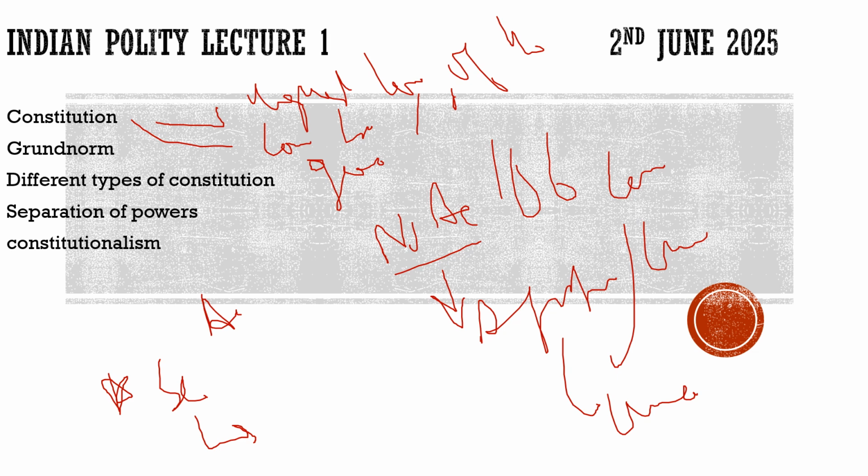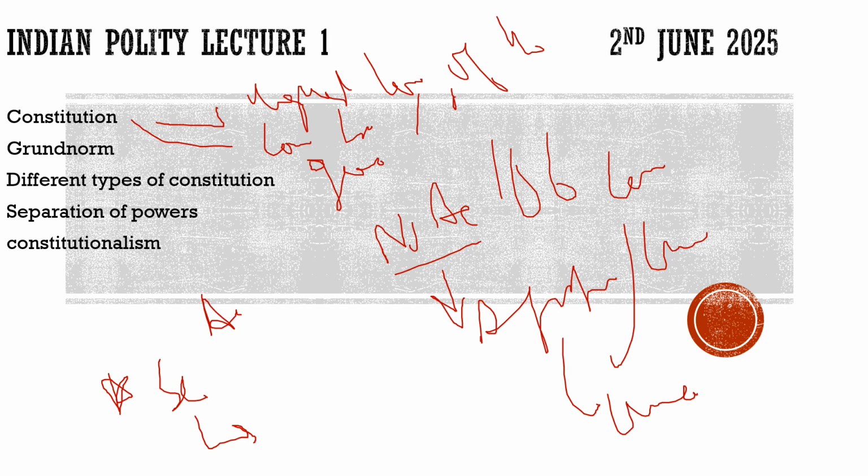Pakistan also has a constitution of its own. Different countries have constitutions of their own. China has a constitution of its own. So what does it mean? There are these basic laws. Whether they are good or bad is decided by the society, by the people around the world.